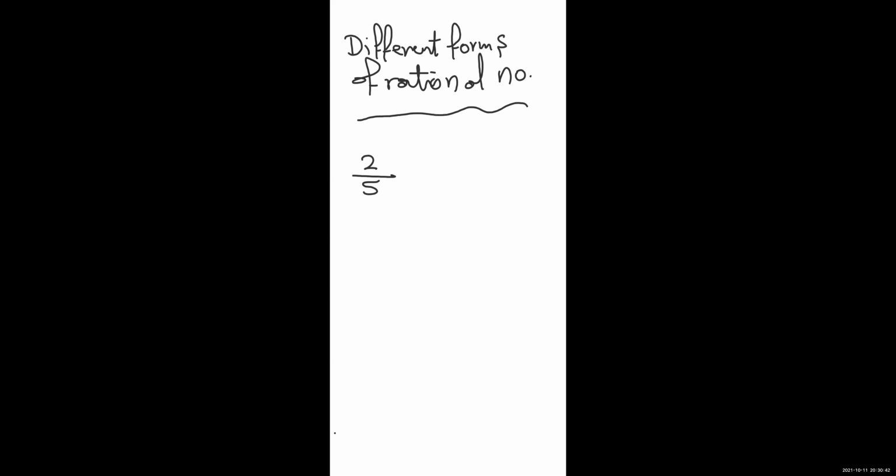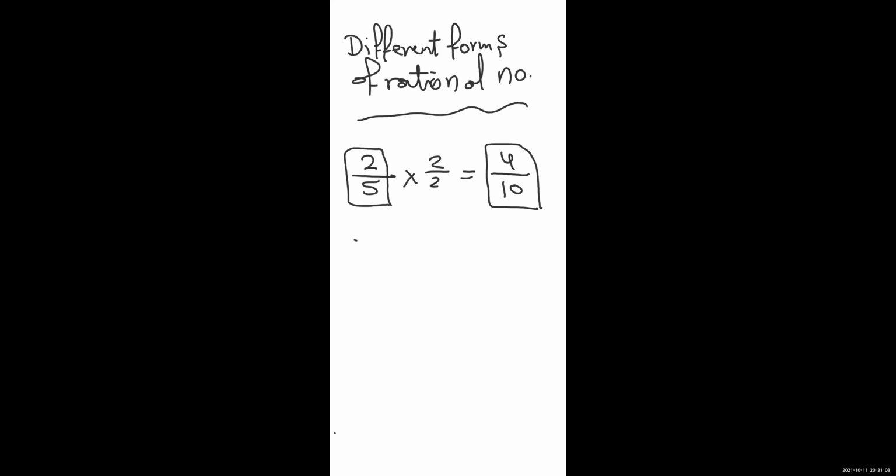Simply, I can change the form of this number by multiplying it by 2 over 2, for example. So it will equal 4 over 10. So actually 2 over 5 equals 4 over 10, right? They are exactly the same in value, but different in form.